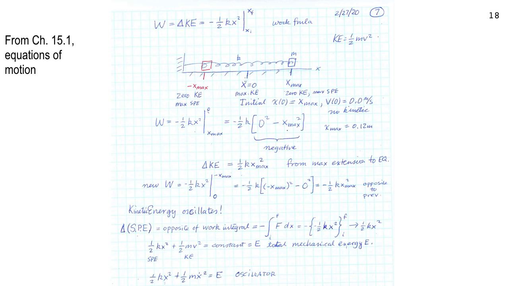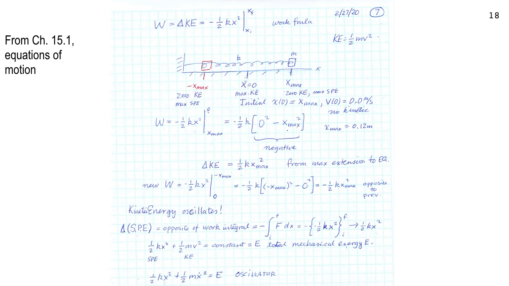Now this is up here in the first half of the trip. By the time we get to equilibrium, we got a ton. This is how much we got right here, 1/2 k x max squared. Depending on k and x max, it's going to be a positive number, and you gain that on the way to equilibrium.